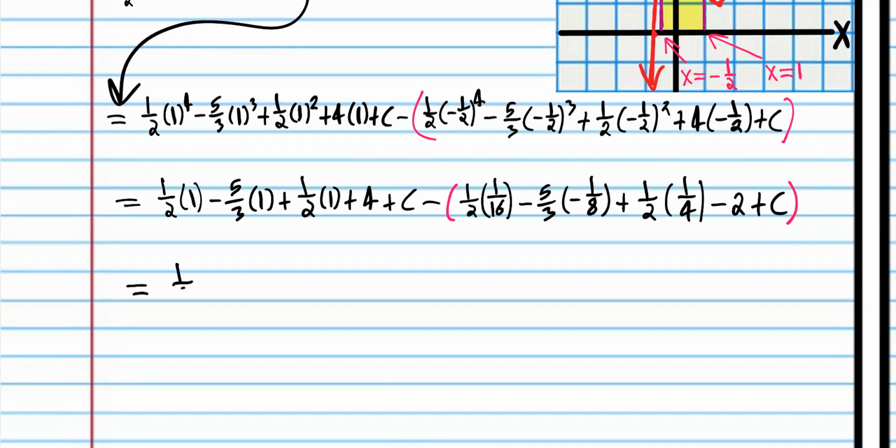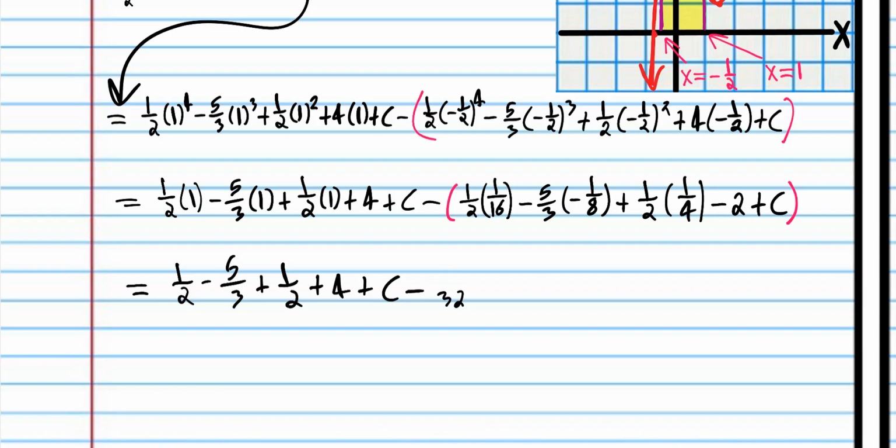So then we have 1/2 minus 5/3 plus 1/2 plus 4 plus c. And I'm going to go ahead and distribute. So we have minus 1/32.